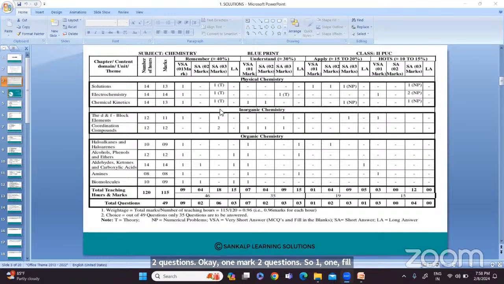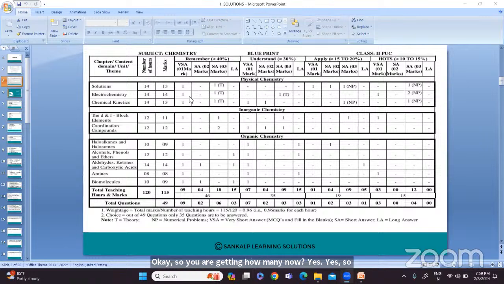Then 3 marks you will be getting one question that is a theory based question, and 2 marks one question. And again 3 marks two questions, that is numerical problems. We will be solving the numericals at the end.